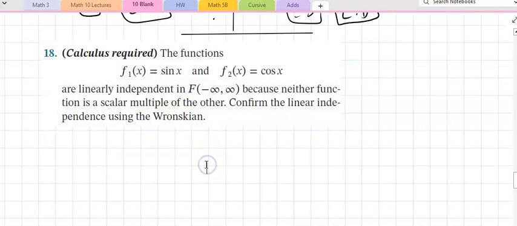How about if I have two functions? One is sine, the other is cosine. It says the functions are linearly independent because neither is a scalar multiple of the other. Confirm this using the Wronskian.